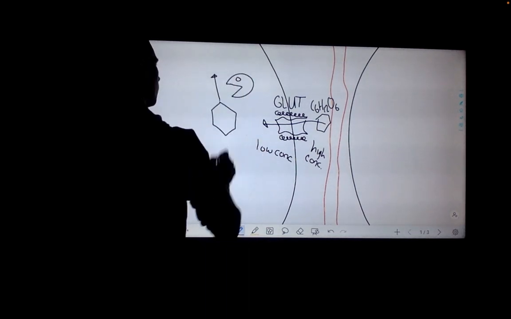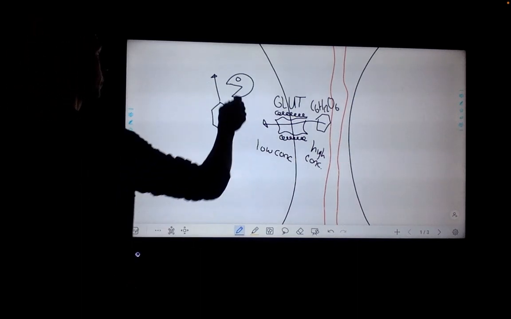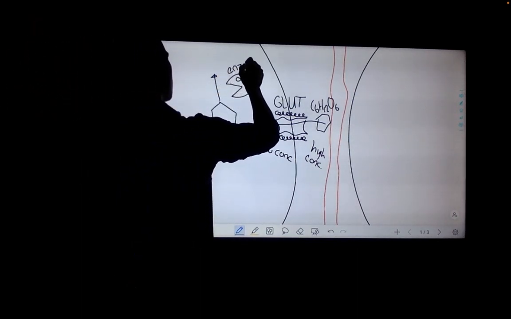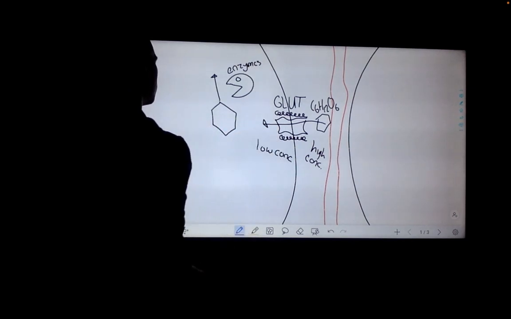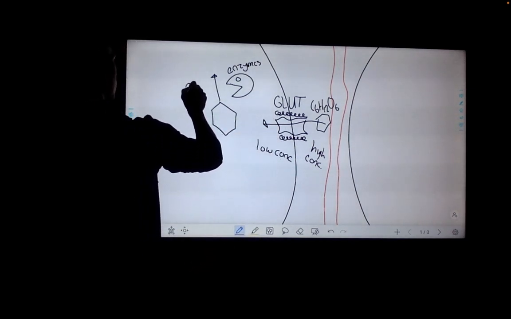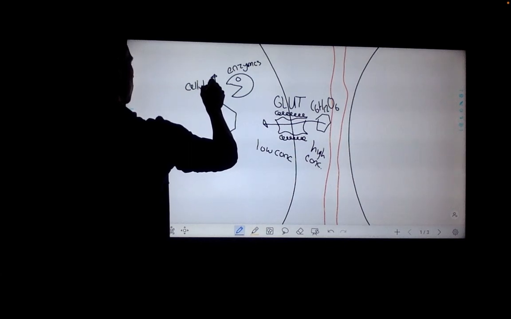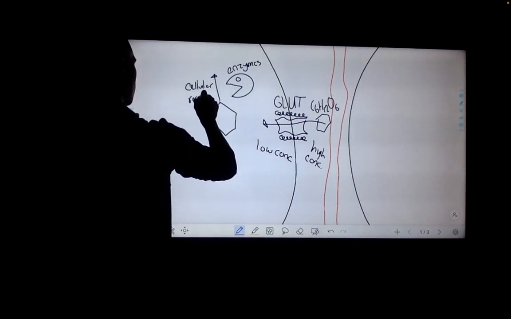Once we get that glucose into our bodies, as we'll be talking about in our third unit this year, you have enzymes, which are proteins that are going to bind to that glucose and undergo a couple chemical reactions called cellular respiration.